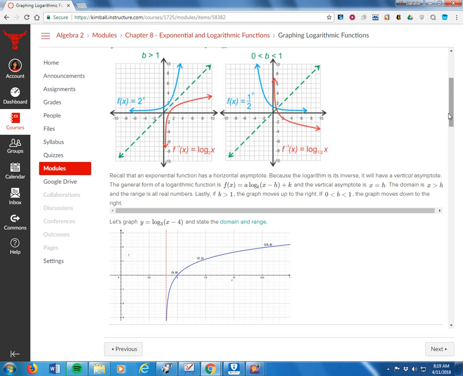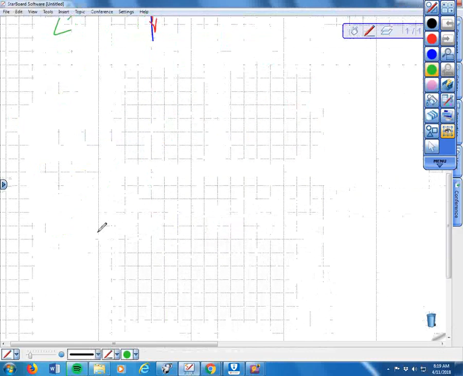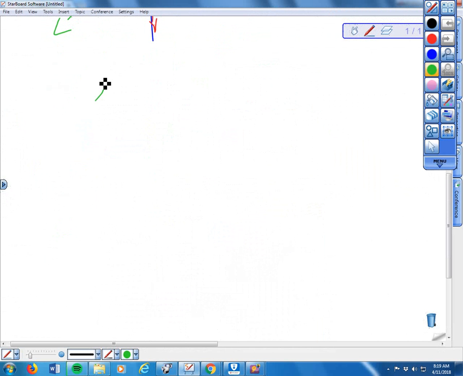So if I had, I have this function we just did. If I want to shift this function to the right 3 units, I would do that.